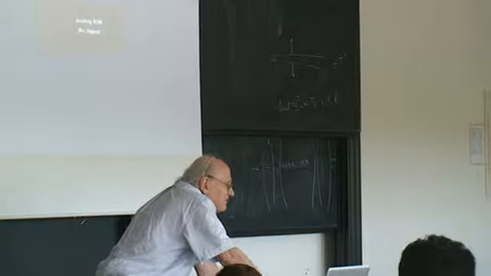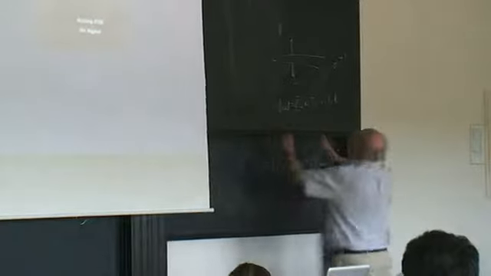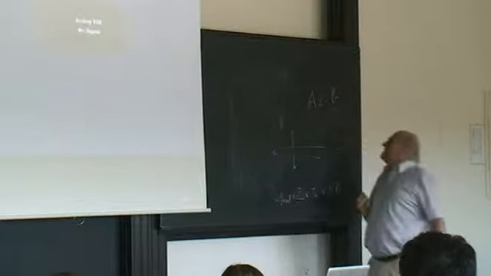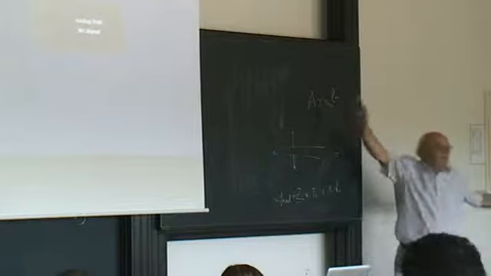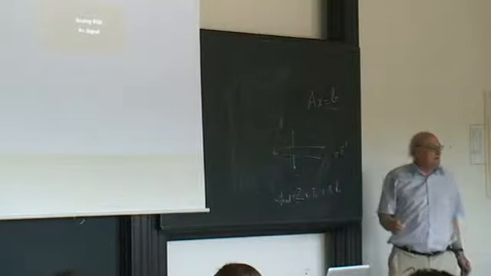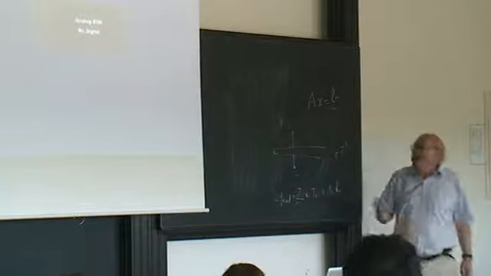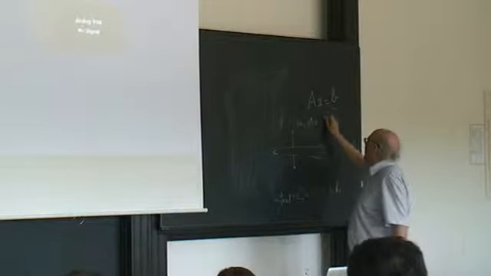To take a simple example, let's say you want to solve the equation Ax equals b, where A is a square matrix, x is the unknown, and b is the known vector. You can do that by minimizing the modulus squared of Ax minus b.